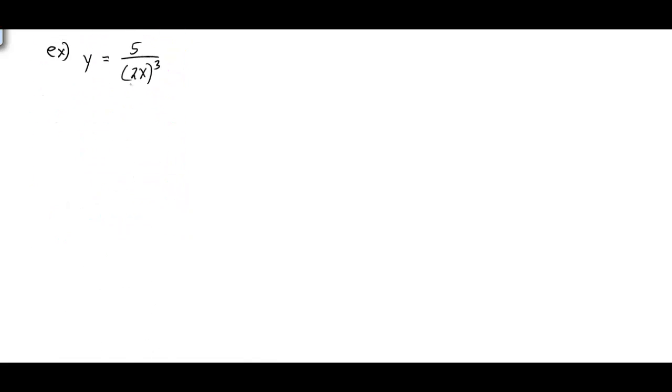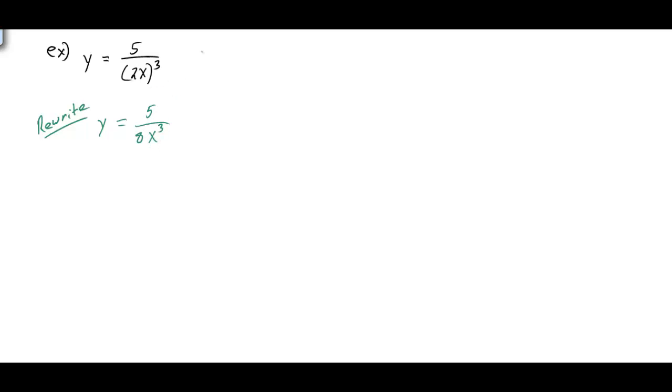So once again, before we can actually take the derivative, we want to rewrite the problem. And to do that, I'm actually going to go ahead and cube the denominator, and I think that's going to make things easier. So we would end up with 2 cubed, so that's 8, and then x cubed.